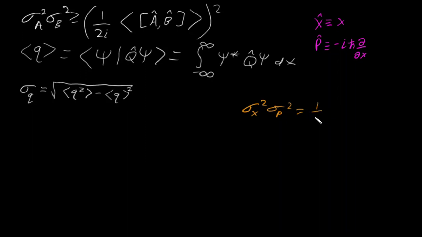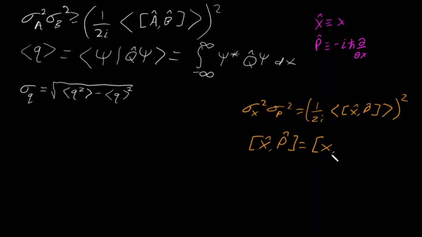This is 1 over 2i times the expectation value of the commutator of x hat and p hat, squared. Well, now we have to figure out what the commutator of x hat and p hat is, where this is a commutator of x and minus i h bar d by dx.